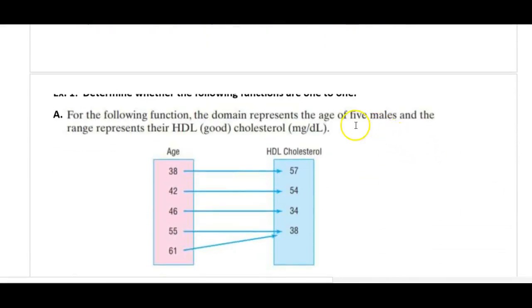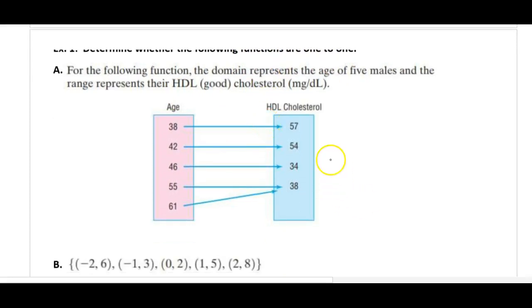So example A, all right, determine if the following functions are 1-to-1. So in letter A, if I look, this 38 has two different inputs going into it, which means right away this is not 1-to-1.